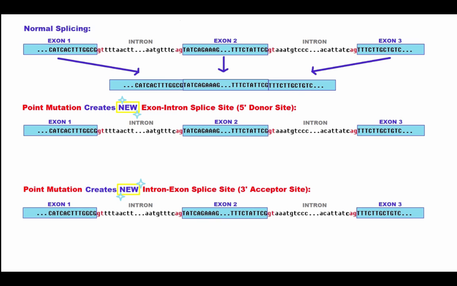All right, so let's just do some recall first. As you recall, splice sites come in 2 different types. The exon intron splice sites, or the 5' donor sites, occur at the left-hand side, or the 3' side of exons.